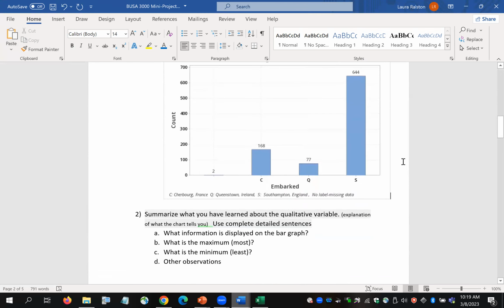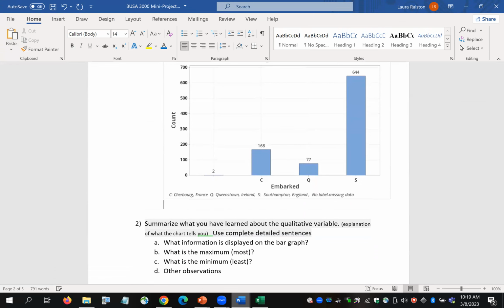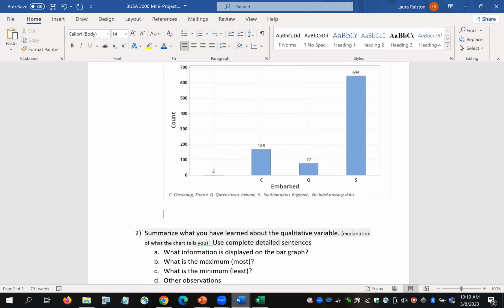Okay. So then I want to summarize what this graph is telling me. The reason I had you mark the little box that says data labels is it then will tell me that the number in this blue bar above C is 168.